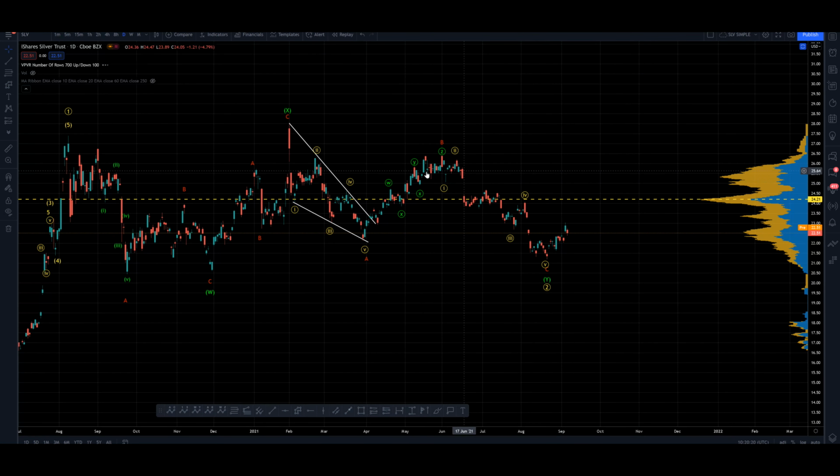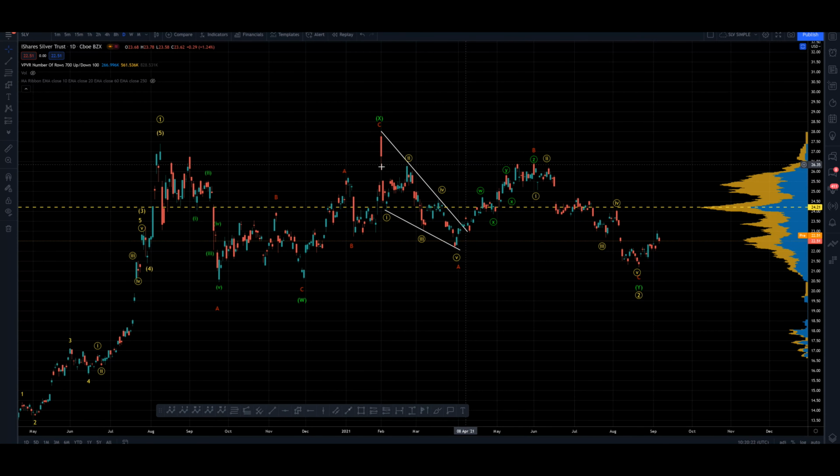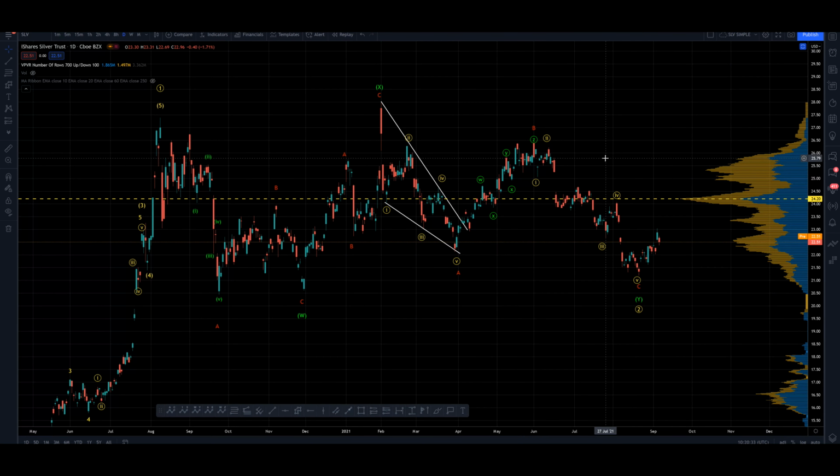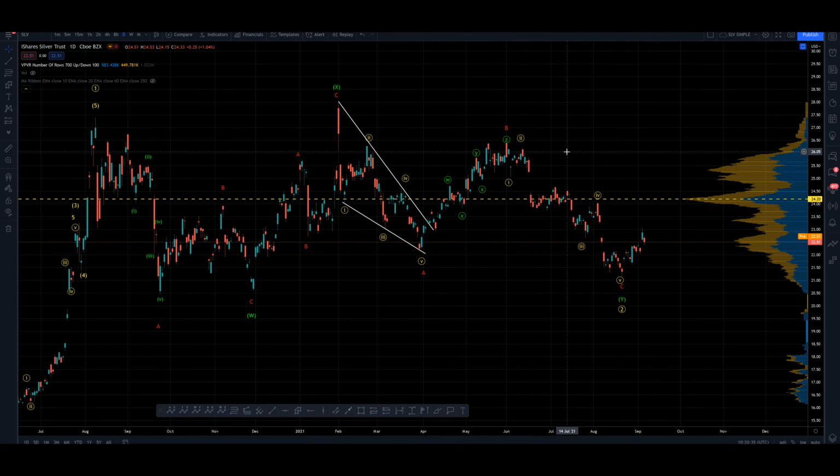The problem I always have with the silver chart, and it doesn't matter whether I'm looking at the silver CFD chart or here at SLV, where I can get the volume profiling and some other features which I can't, depending on the timescale, on the CFD chart. For some reason, volume isn't always available, but either way, I digress.